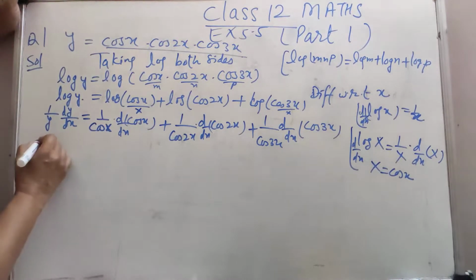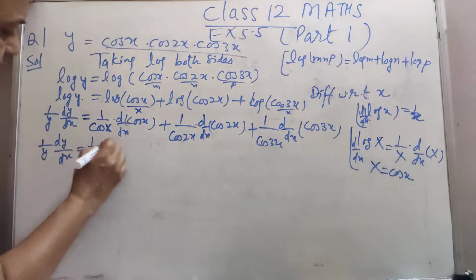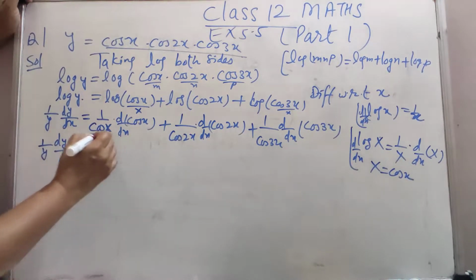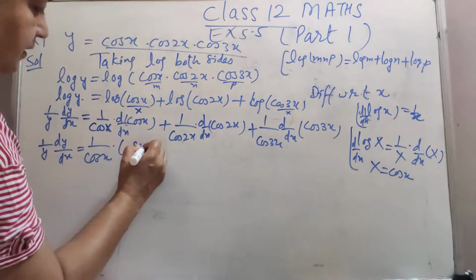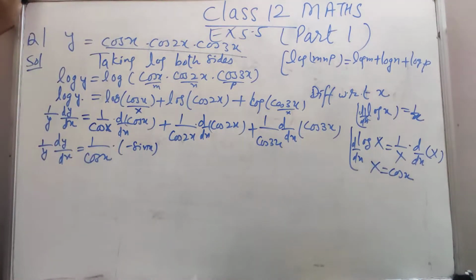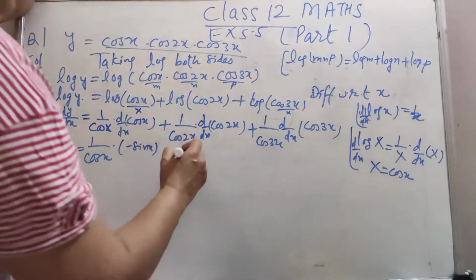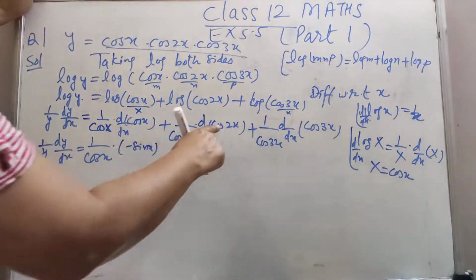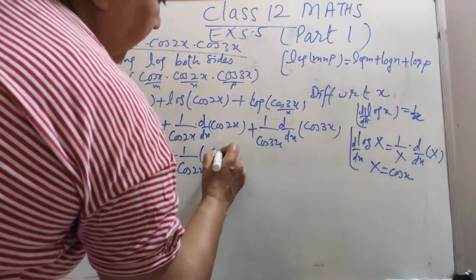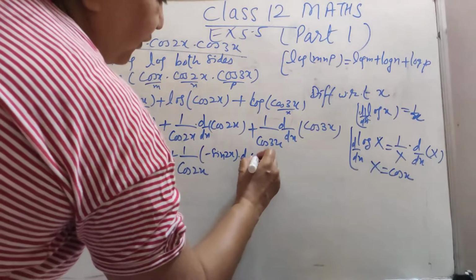Now 1 upon y dy upon dx is equal to 1 over cos x into, what is the derivative of cos x? That is minus sin x, plus 1 over cos 2x as it is. What is the derivative of cos 2x? That is minus sin 2x into derivative of 2x.